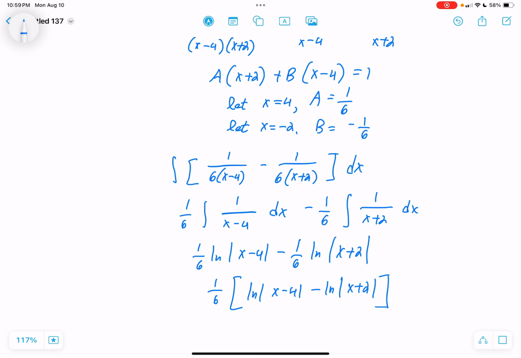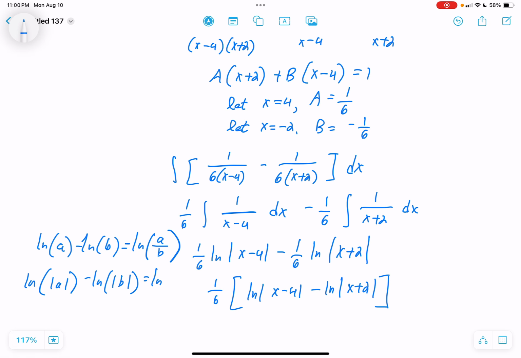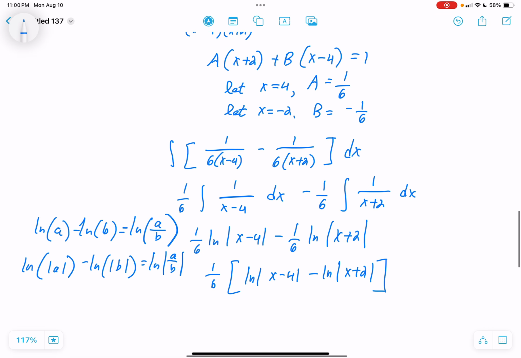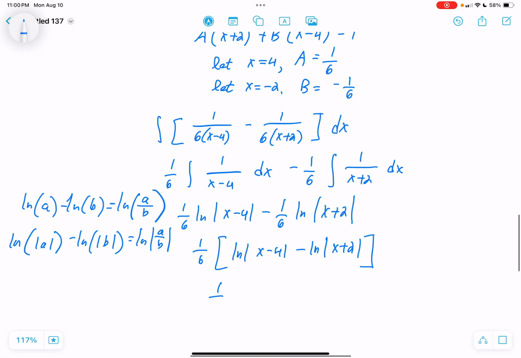And properties for logs. So we've learned that ln of A minus ln of B equals ln of A over B. The ln of the absolute value of A, minus the ln of the absolute value of B simply equals the ln of the absolute value of A over B. So I can rewrite this then as 1/6 ln absolute value of x minus 4 over x plus 2.